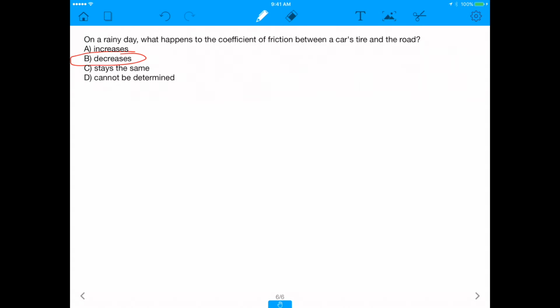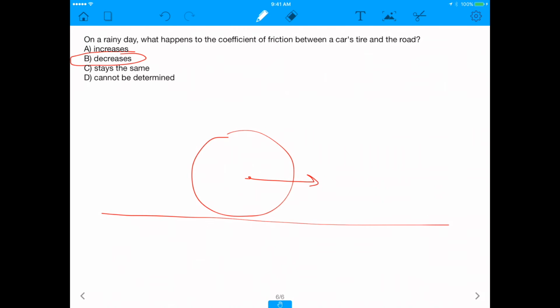And this is why you probably have to drive more slowly in the rain. It makes it much harder to accelerate because you're not getting enough traction between the ground and the tire, because there's this thin layer of rain that makes friction much harder to work for you. And so with that, the answer is B.